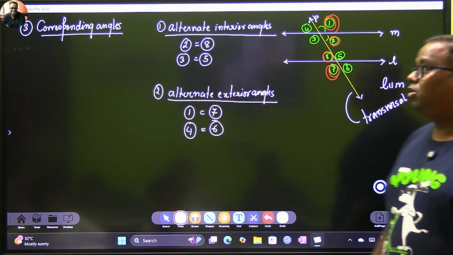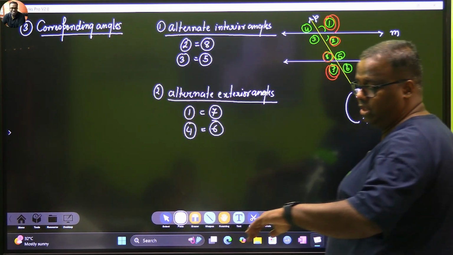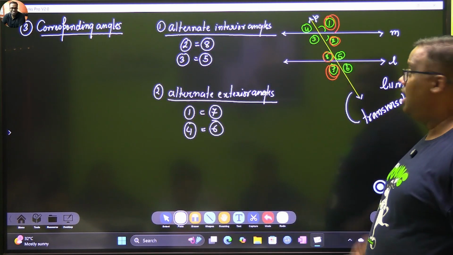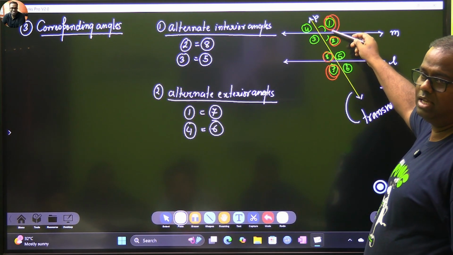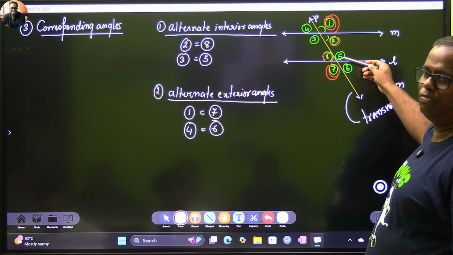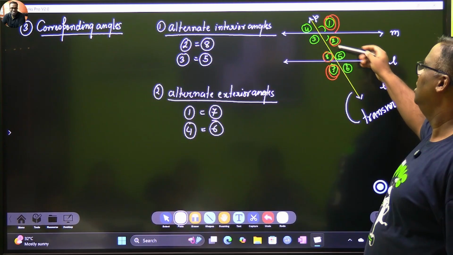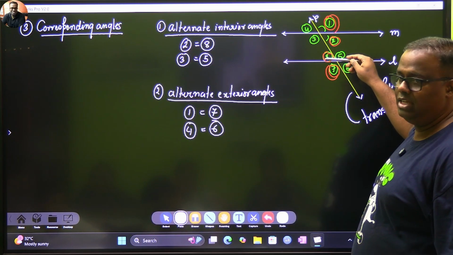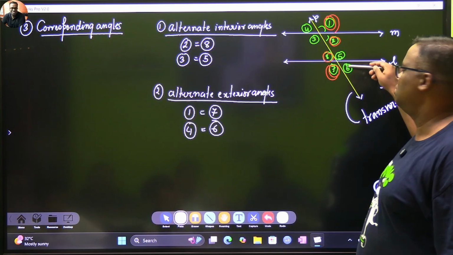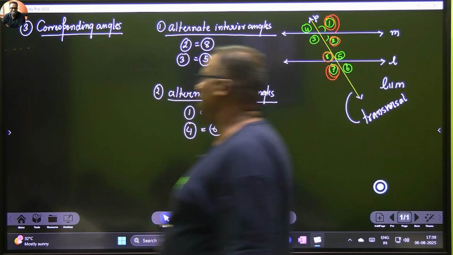Corresponding angles means, look at the angle here. Let's take angle 1, an exterior angle. The corresponding angle to angle 1 is angle 5. They will always be equal. 4's corresponding is 8, 3's corresponding is 7, and 2's corresponding is 6. So corresponding angles are equal.